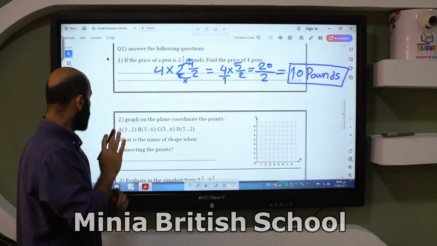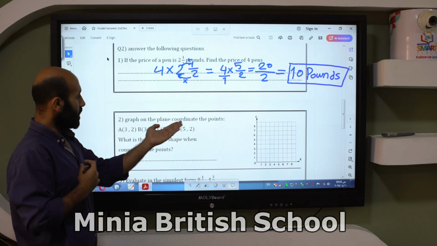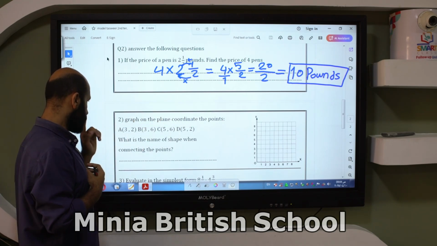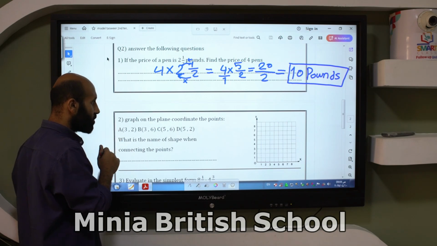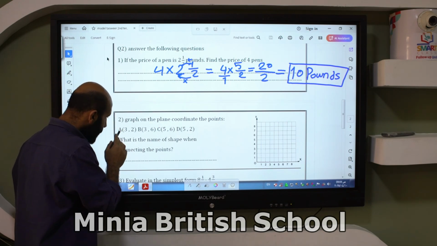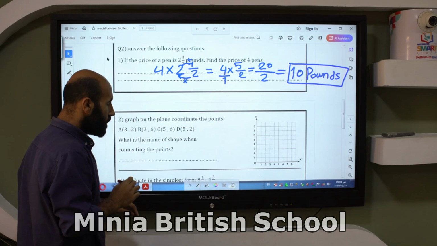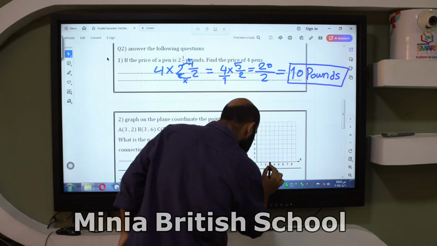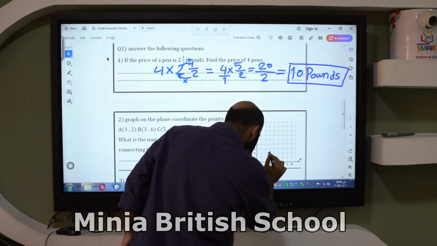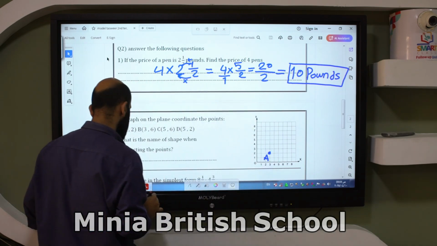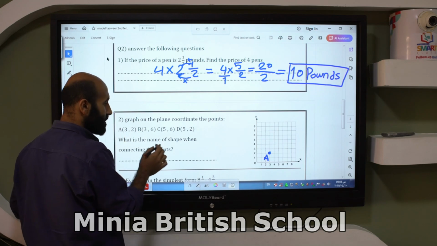Okay. Graph the plane coordinate points. I have A, 3 and 2. Stand on 3 and go up 2. This is the point A. B, 3 and 6.